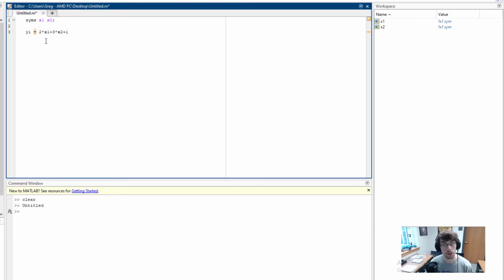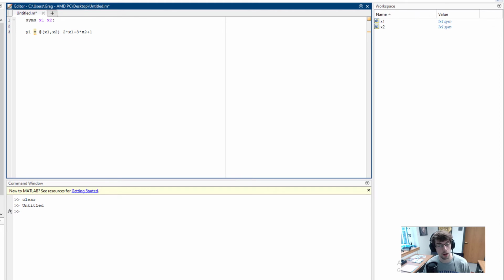So I'm going to put a small thing in here, x1, x2. This is telling MATLAB, hey, with these symbolic variables that have been declared, I want you to create a new variable called y1, the dependent variable. It is a function of the 2 independent variables, and the actual equation is given by this.